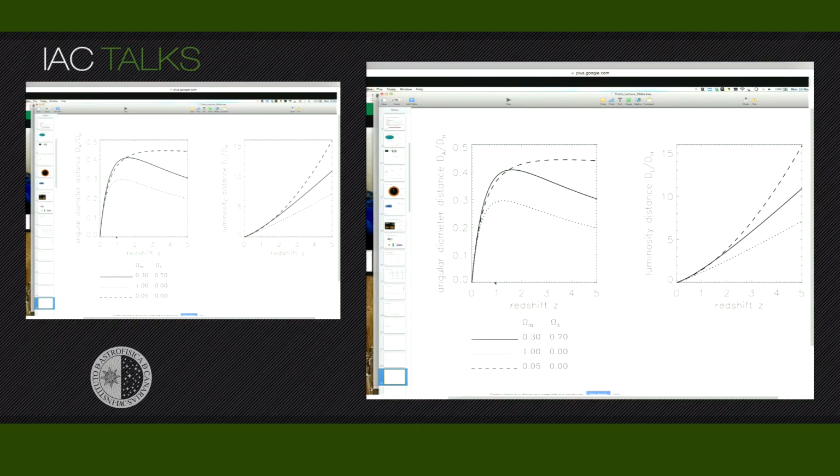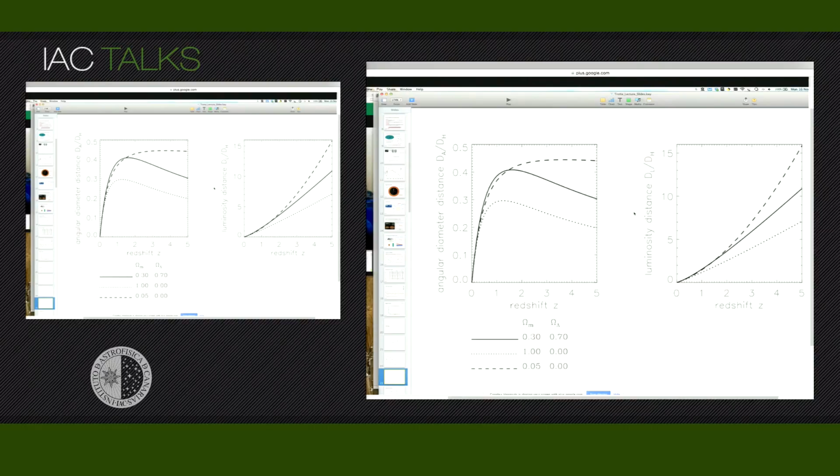Objects at redshift of 1, for example, would look much bigger in a universe with no cosmological constant than in a universe with a cosmological constant, by a factor of about 30% or so. And if I make the universe without a cosmological constant but with less matter, an open universe, which is the dashed line, again you get a different behavior, one that does not turn around with distance. So this is what the angular diameter distance does.